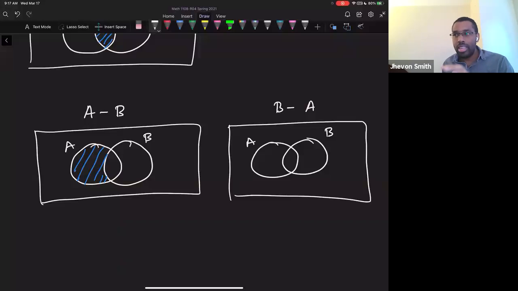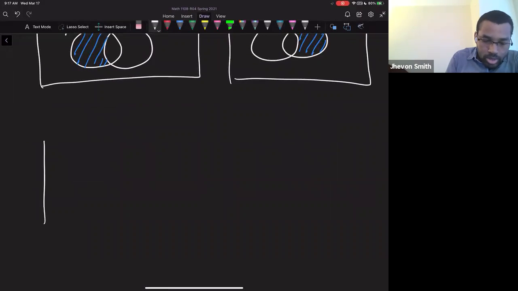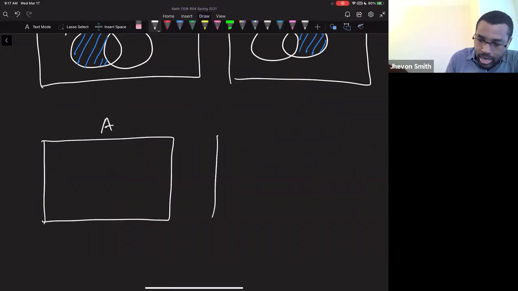So you're just talking about the set of all things that are in the set, but not in that set at the same time. What if everything in this set is also in that set? Then the set minus is the empty set. But you're never going to go beyond that. This would be that. So you're looking for all the guys over there. It would probably be nice to talk about A versus a complement.